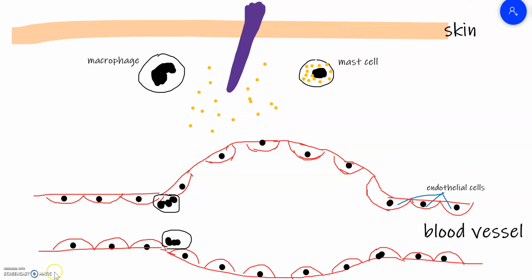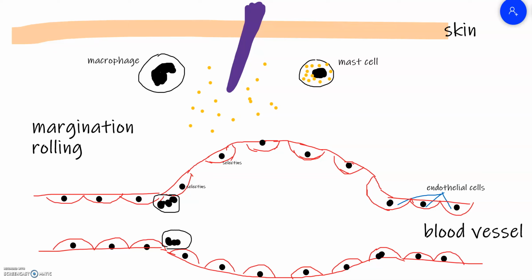This process is known as margination, and as this happens, the molecules on the endothelial cells, called selectins, stick to the neutrophils, slowing them down, and the neutrophils start to roll along the endothelial cells.